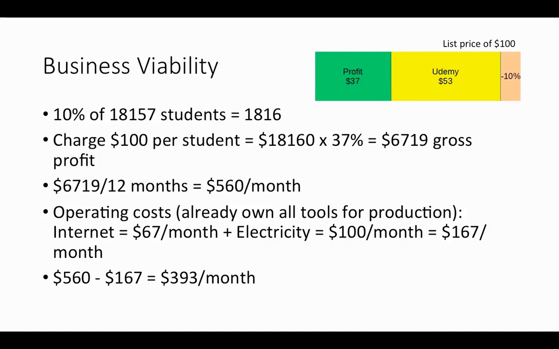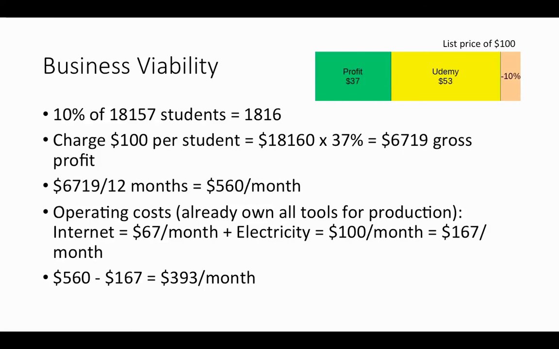Looking at my operating costs, since I already own all the tools of production, so I already have a computer, recording software, and everything else. The game engines that I would use are free to use, so I don't have to pay for anything there. So really, I'm looking at the internet costs and the electricity that I use to power my computer, and those are the only real costs that I can think of in terms of operating costs.